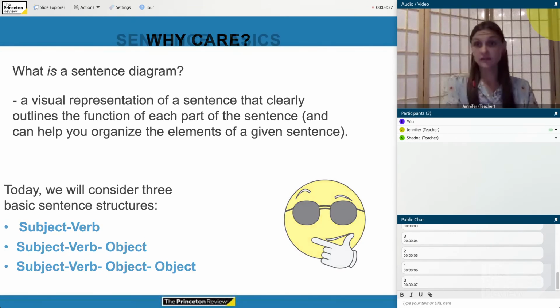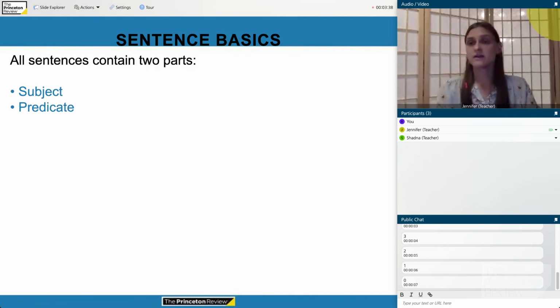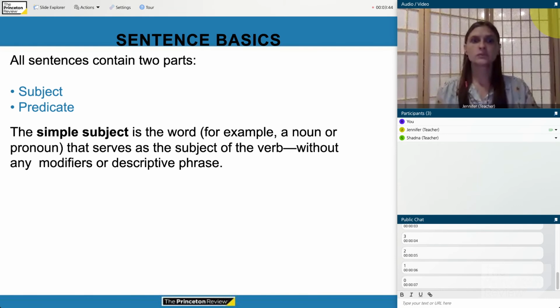So let's talk about basic sentence structure. At the very least, a sentence is always going to have a subject and a predicate. Okay, so a simple subject is just a word, it's usually a noun or a pronoun, and it serves as the subject of the verb. It does the action. And if you didn't have any modifiers like adjectives, adverbs, or noun clauses or things, you would just have a simple subject.